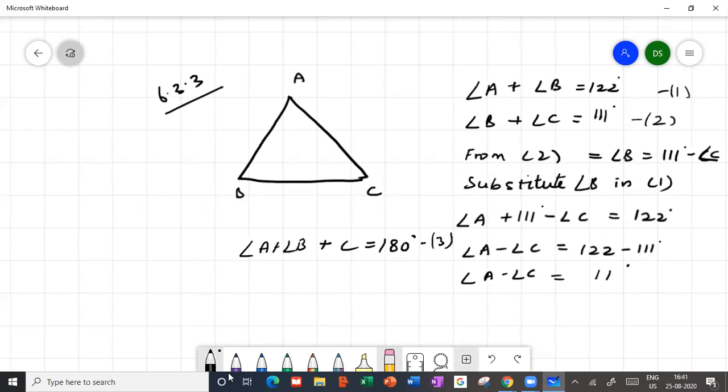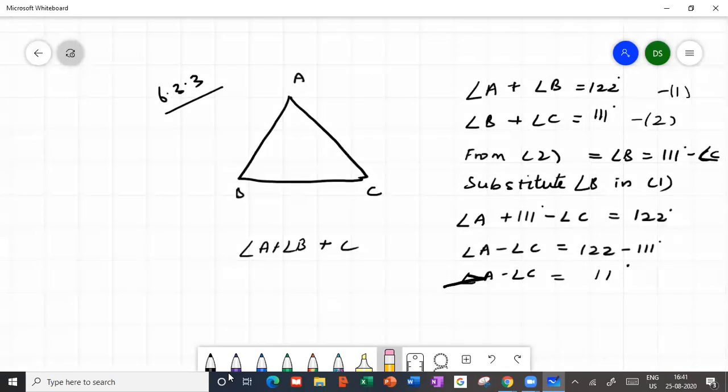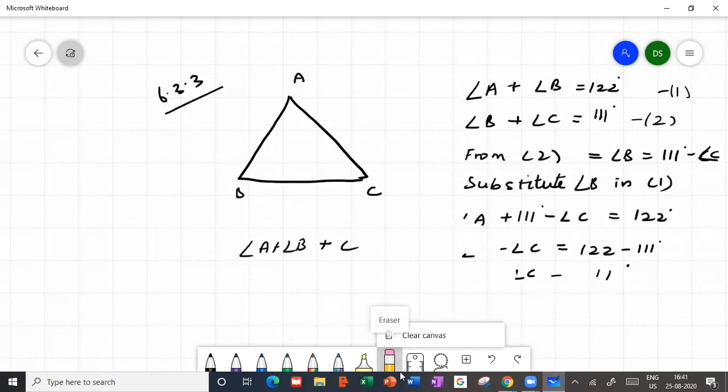Okay, let's just go back a bit. Just a second, my board seems to have hanged.